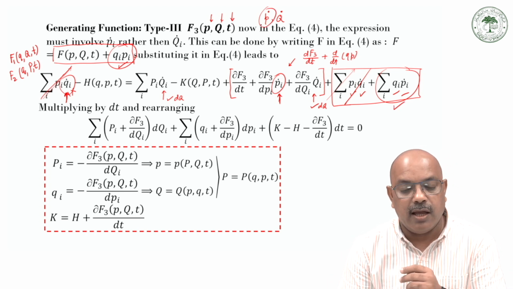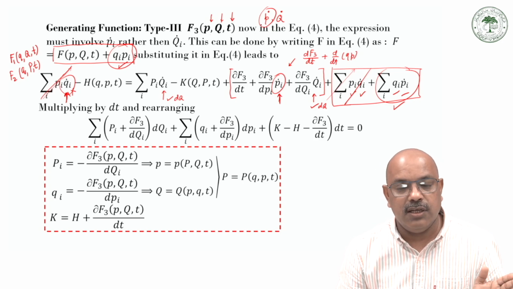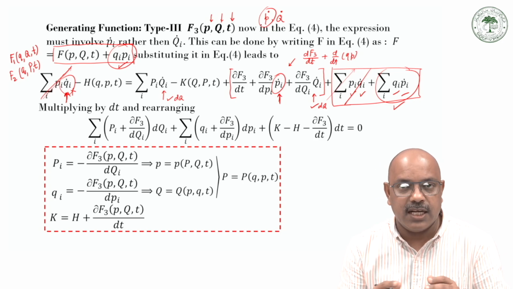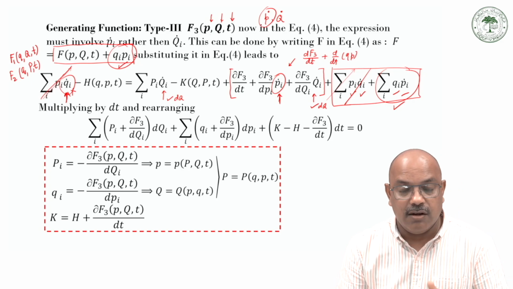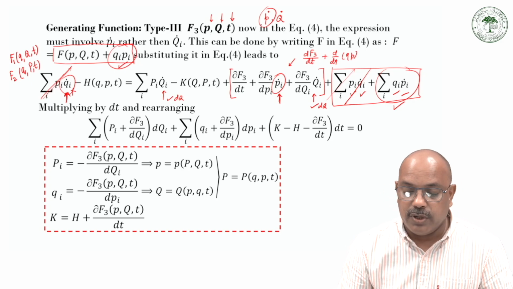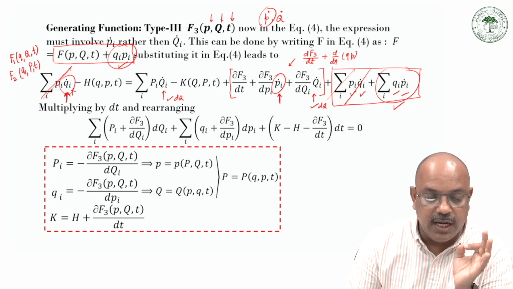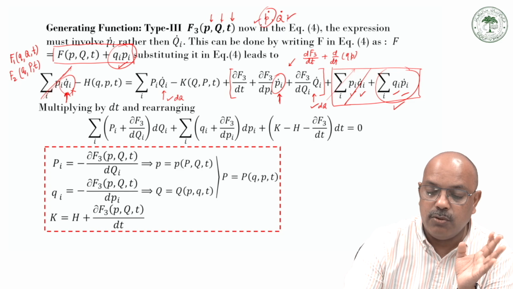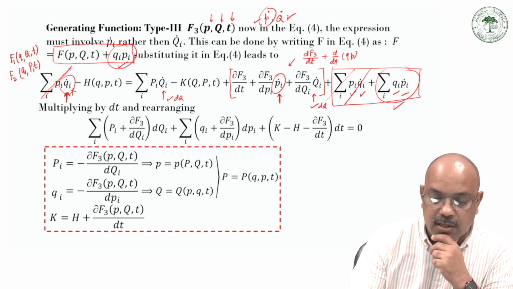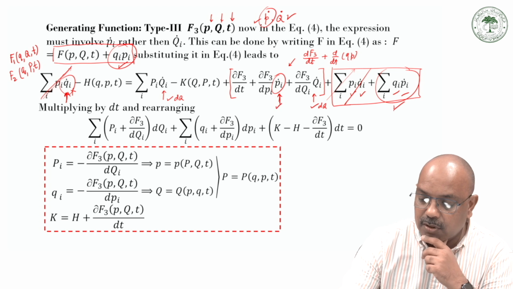As you remember, in our type 2 generating function, we subtract capital Q and capital P. So now you know why these are being added and what is being deleted. Once you do this, I'm going to equate the p dot and q dot terms here. So p dot terms, p dot is here and p dot is here.